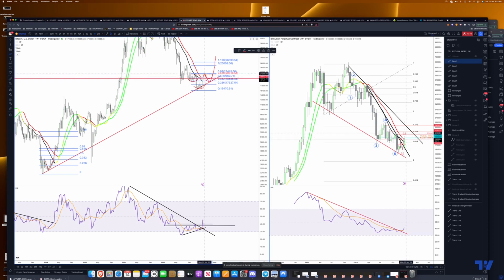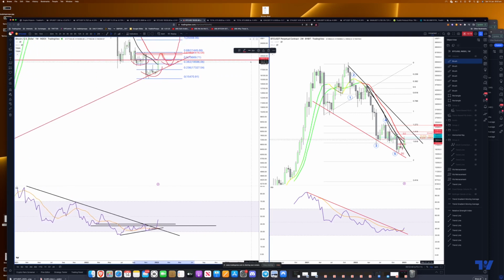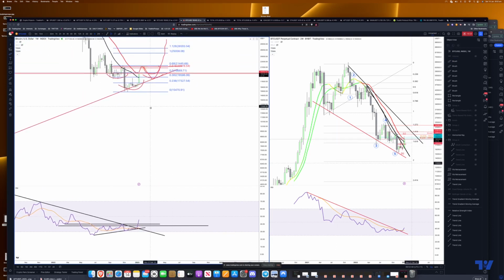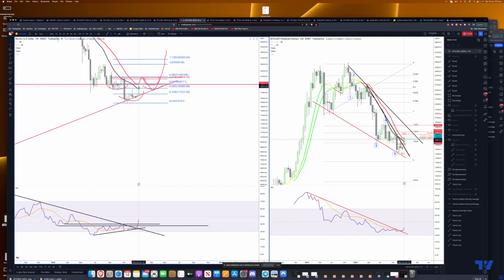We have to break above it, and then we get this neckline, and that is a strong bullish pattern. So if it doesn't, also we can always go down. Yeah, so if it pulls back, this is where it's going to be a really difficult stage to trade. But that is a bullish pattern.